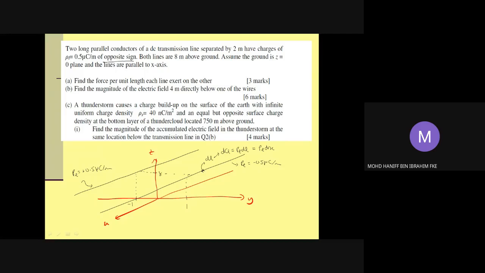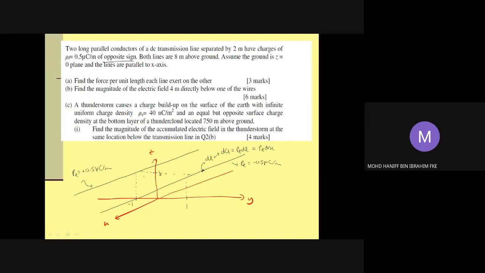Once I have the E field at this point, then I can proceed to find the force. From the previous example, in order to find the force, you need to find the E field first. Similarly, in this example, I'm finding the E field first.